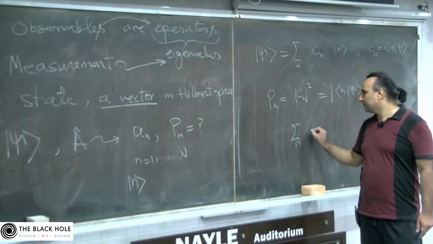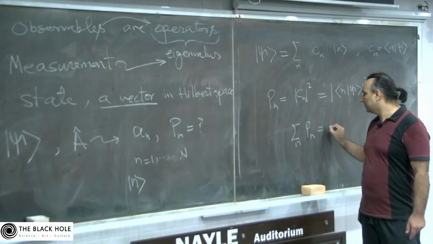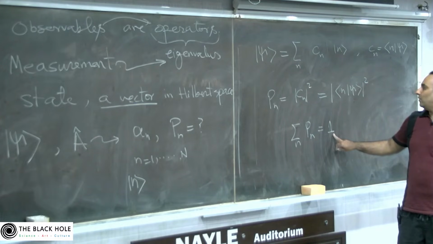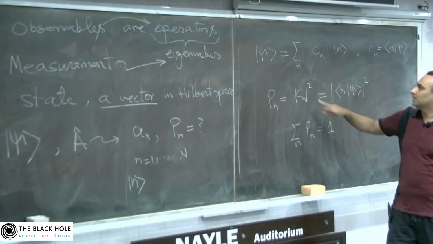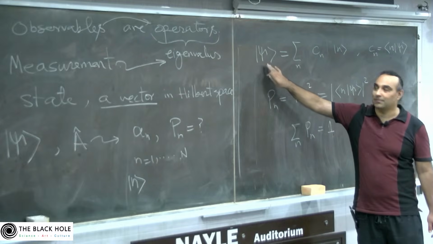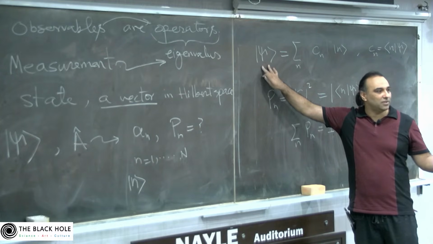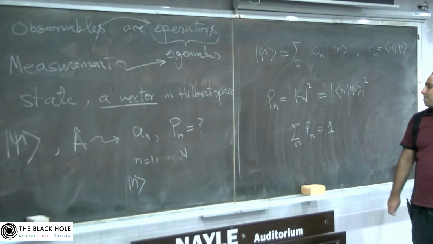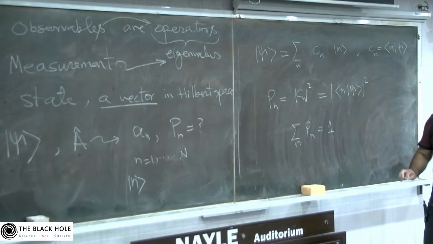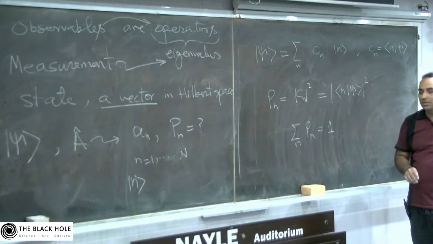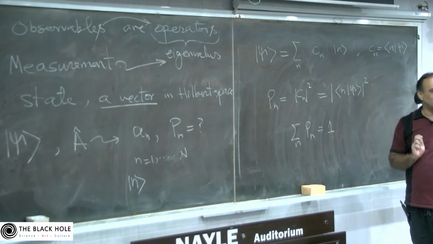And that's why we usually use these states as normalized states. If we normalize them, so that the norm of this state is 1, then it satisfies this. So the measurement is going to get some nth eigenvalue, and the probability for that is given by this.